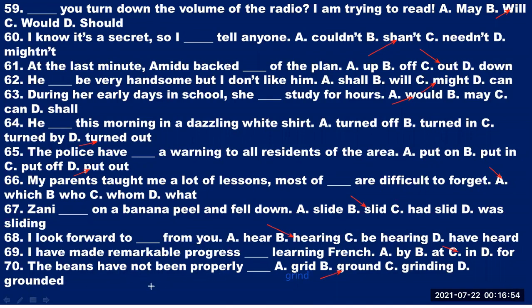You know, the beans have not been properly ground. This is the past participle of grind. All right, so that actually is the correct option.